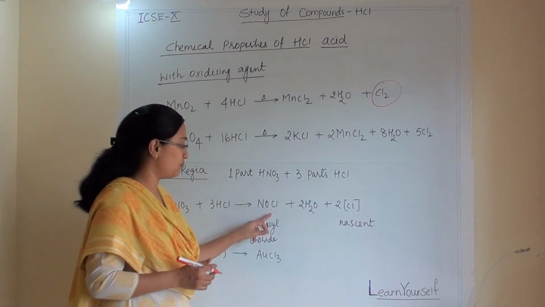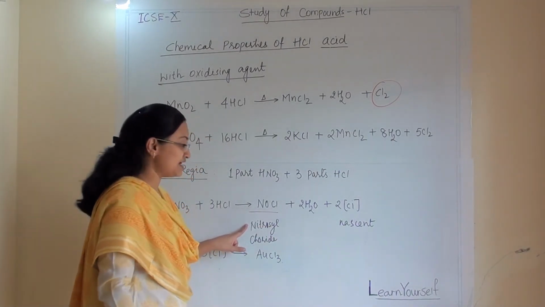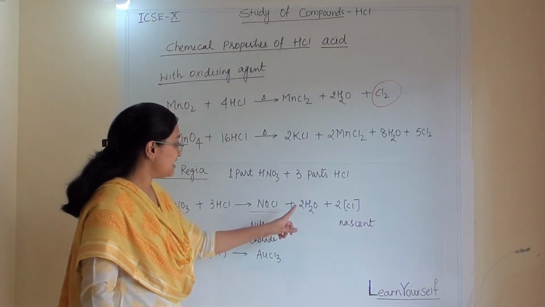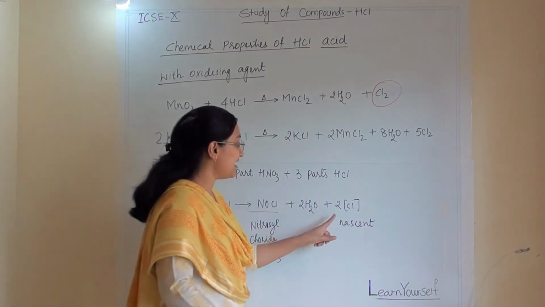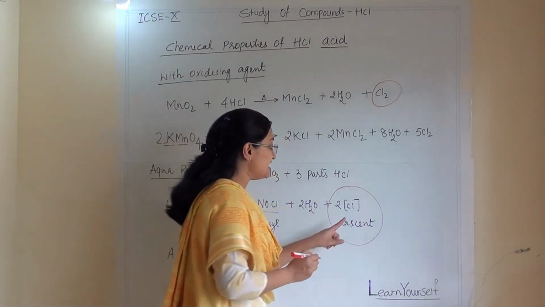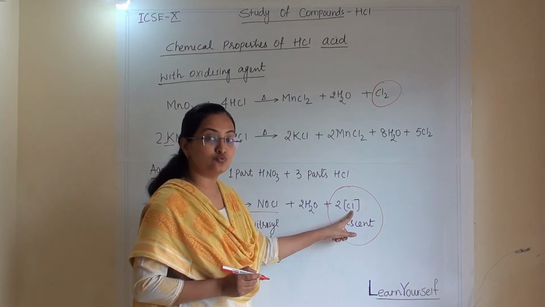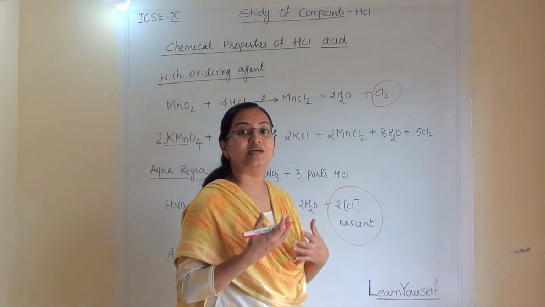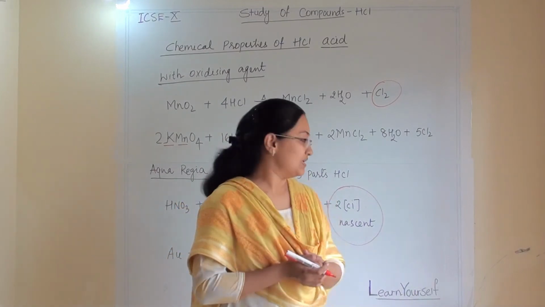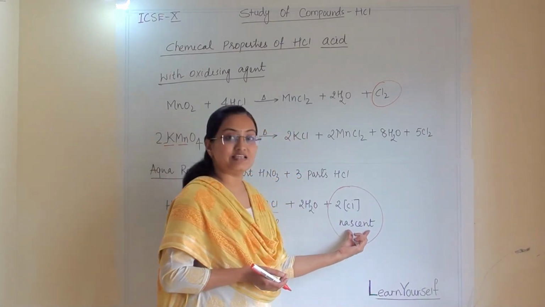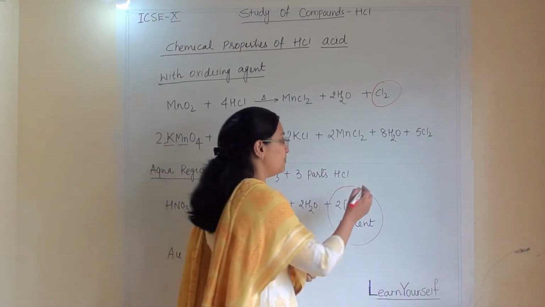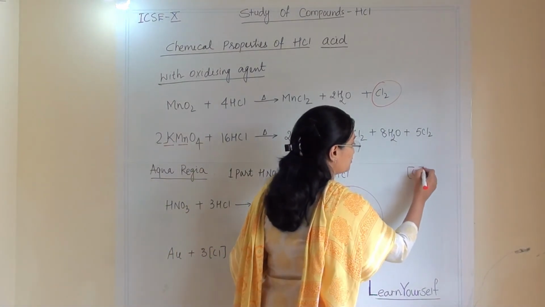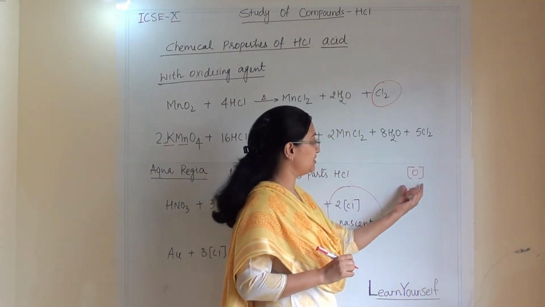This is a new compound. It is known as nitrosyl chloride. And 2 water molecules and we will get Cl. It is not Cl2. Alone, Cl, we all know, is very unstable. So this is known as nascent Cl. A molecule like oxygen is also not stable alone.